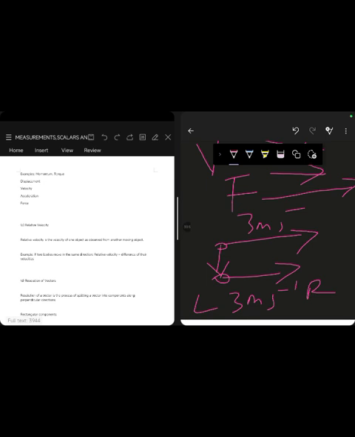So to me, it's as though you are just stagnant and following me. You are not moving. In relative velocity, we're measuring that velocity as observed from another moving object.